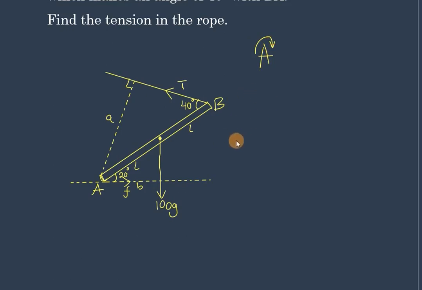The sum of clockwise moments is equal to the sum of anti-clockwise moments.